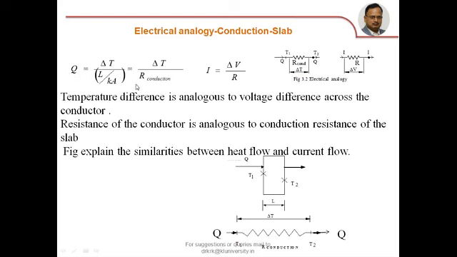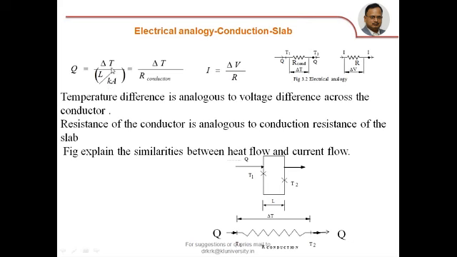I will repeat. The higher the value of L by Ka, because this L by Ka is in the denominator, with increase in L by Ka, the rate of heat transfer decreases. So we treat this L by Ka term as the one which opposes the heat transfer, hence called resistance.